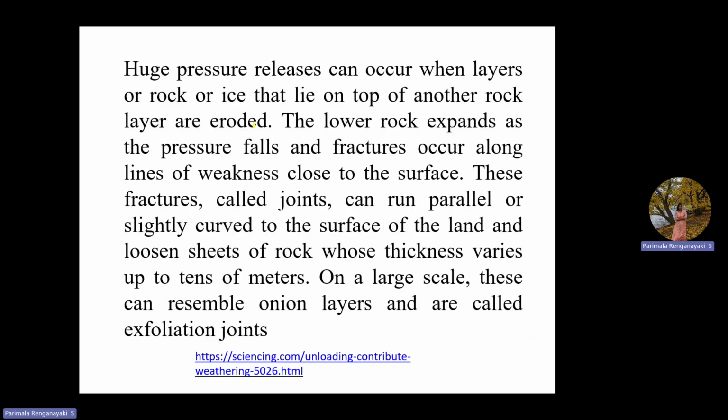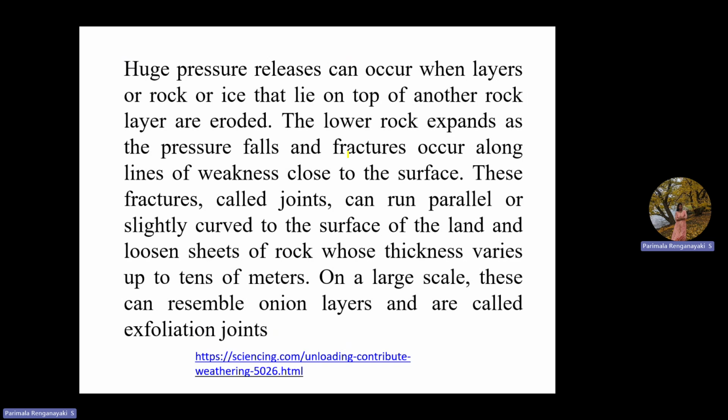The lower rock, see, when that great load is removed, high pressure is released. The lower rock expands as the pressure falls, and fractures occur along the lines of weakness close to the surface.